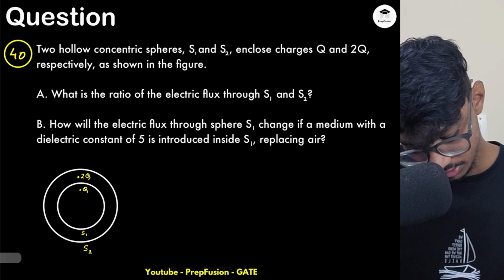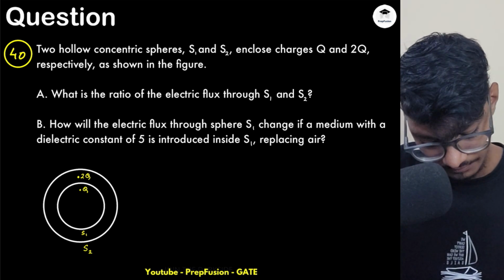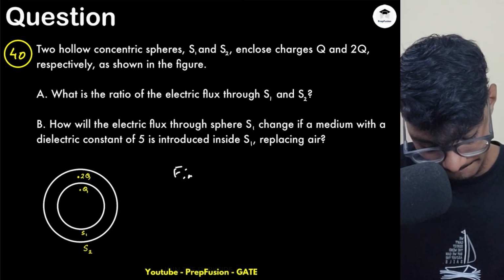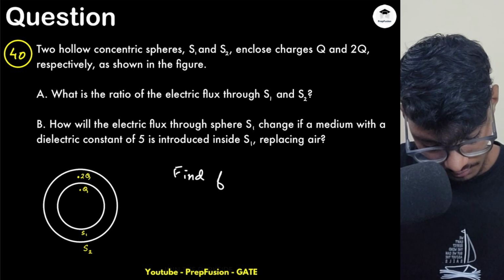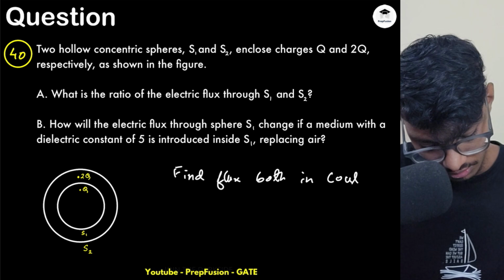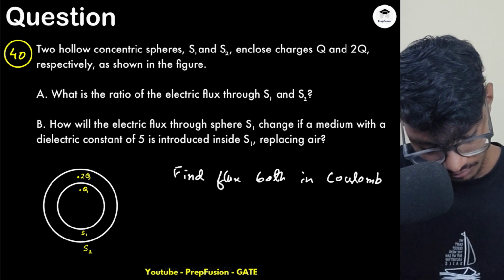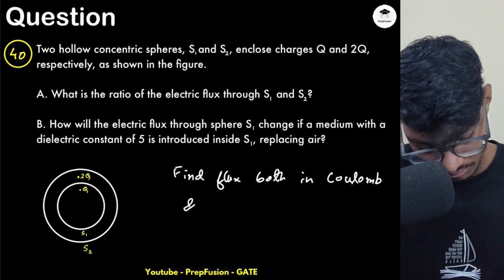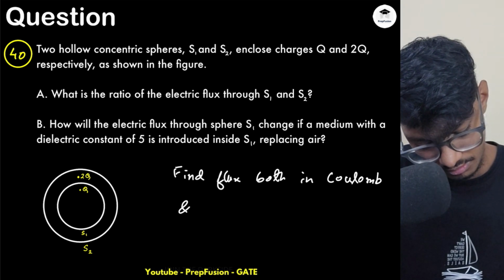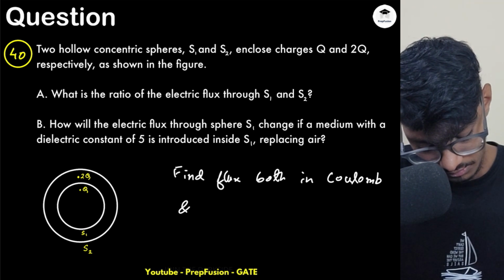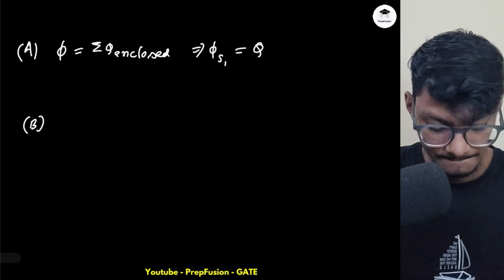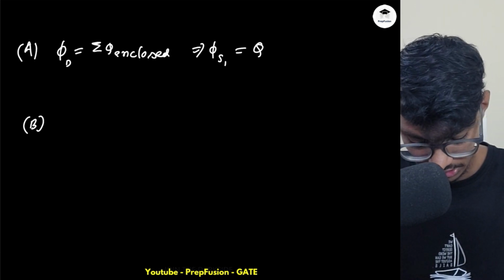I will say, find flux both in coulomb and voltmeter. So in coulomb this will be Q only, but in voltmeter, this is one of the definitions.